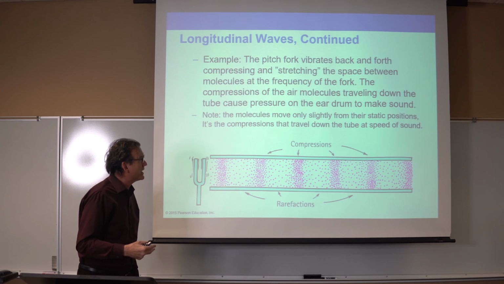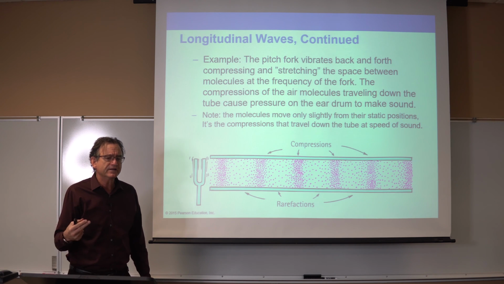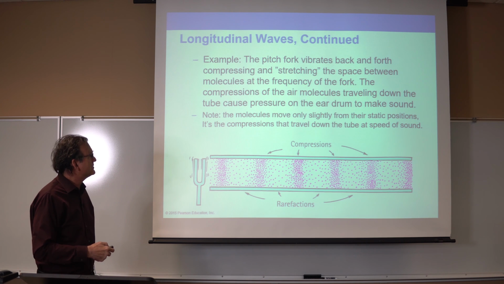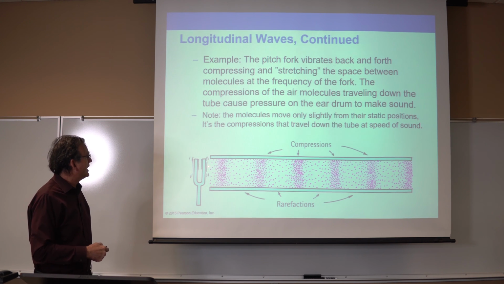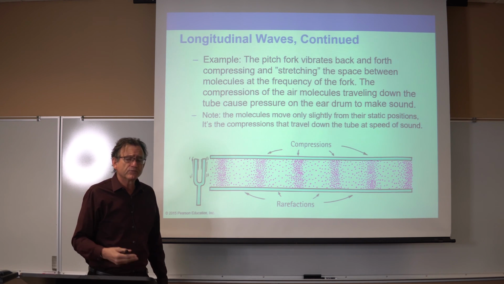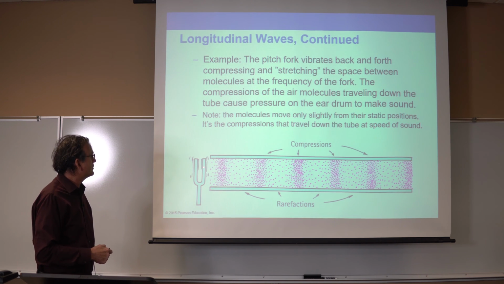Now remember, we said that the ear can detect sound vibrations as low as 10s or 20 hertz and as high as 20,000 hertz. So the tuning fork is going to have some value in there. If it's the type we can hear, it could be, for example, 400 hertz as an example.